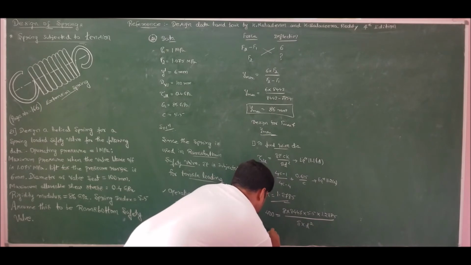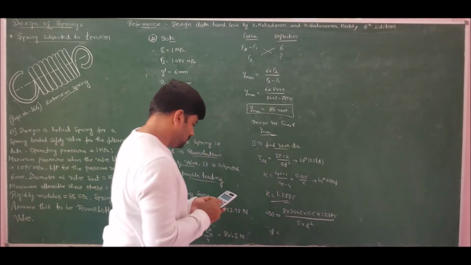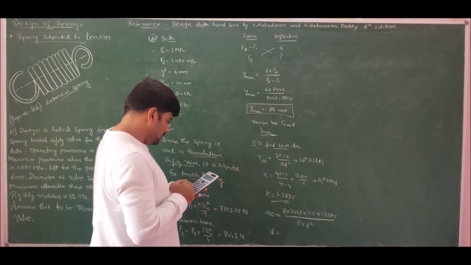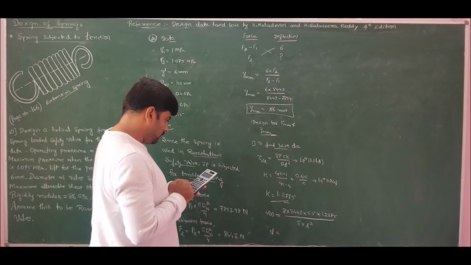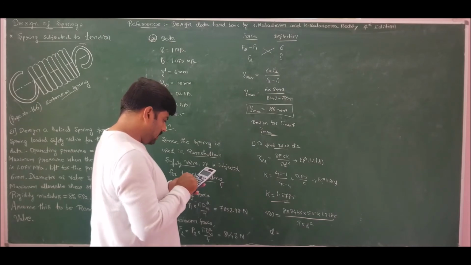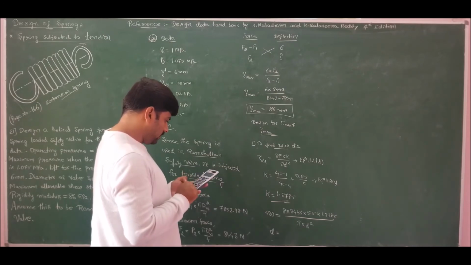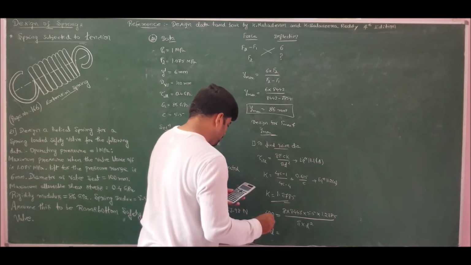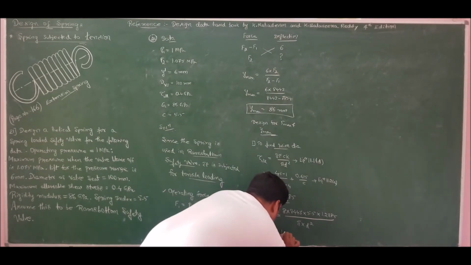So 400 is equal to 8 into 8443 into 5.5 into 1.2785 divided by pi into d square. If I solve, I will get wire diameter as 19.44 mm.